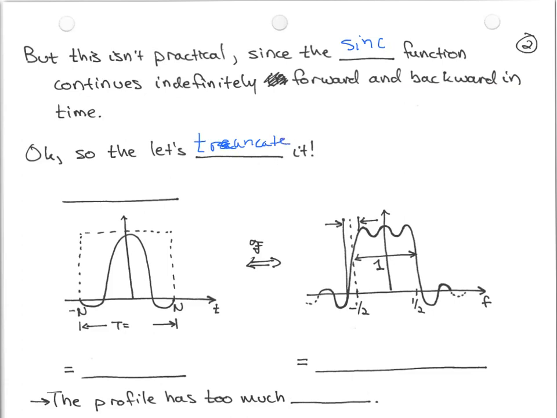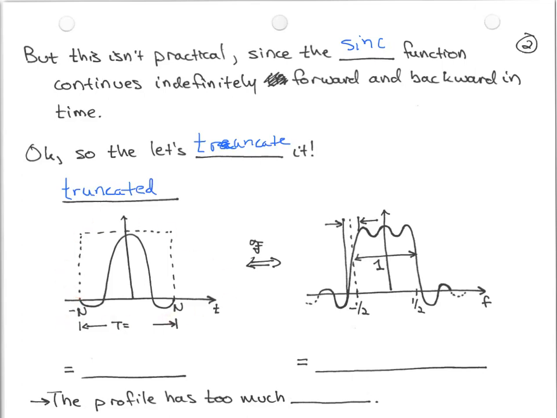You just cut it off at a given negative time and a given positive time. When you do that, you arrive at what is called the truncated sinc function, and that is this guy here.